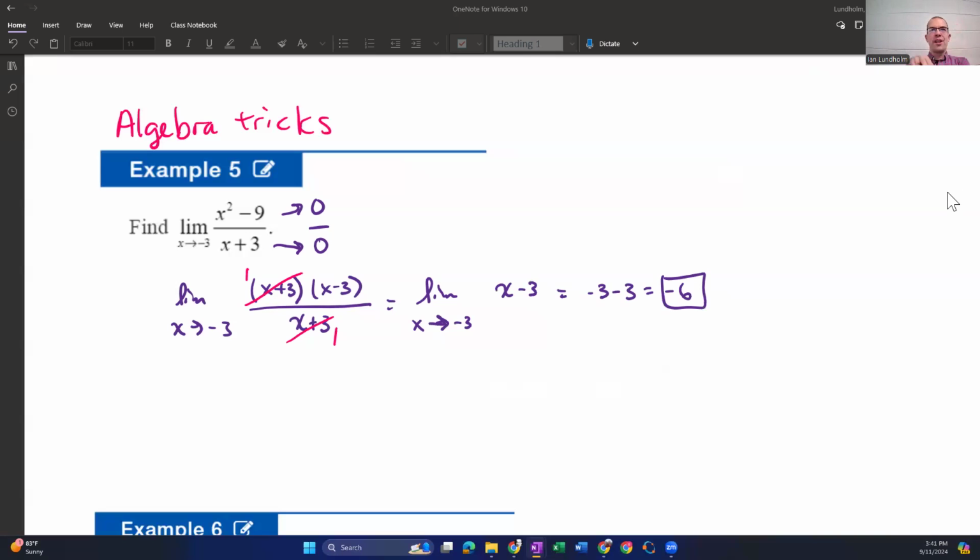So we did an algebra trick, then we were able to substitute, all good to go. And again, if you wanted to check that was true, you could totally graph it and look to see that the y value is -6, but you don't have to.